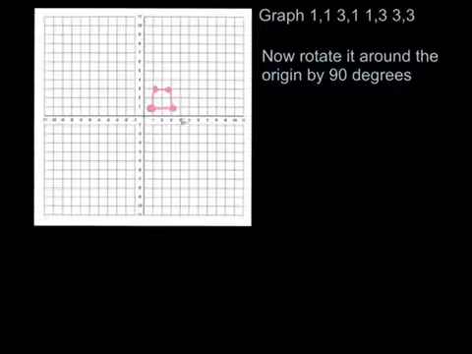Now we're gonna get this, and we're going to rotate it around the origin right here by 90 degrees. So then we just get some shapes. Okay, and then we'll move them in the same spots, but in this area instead.